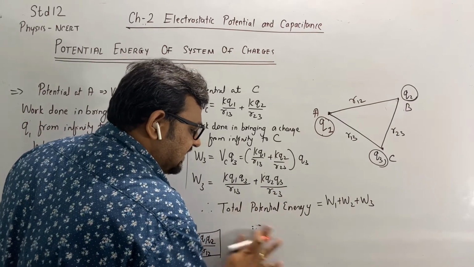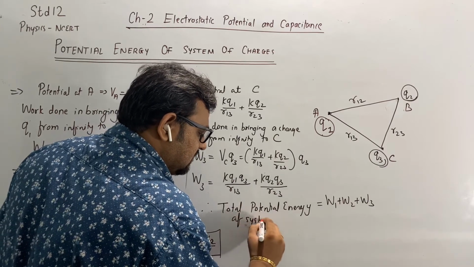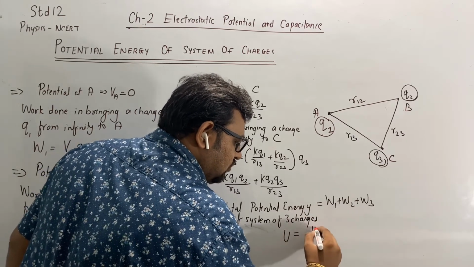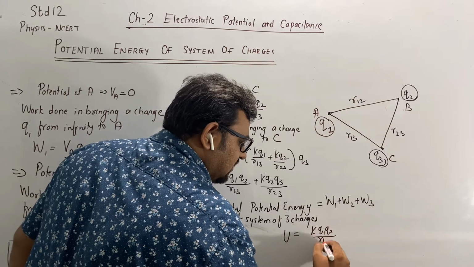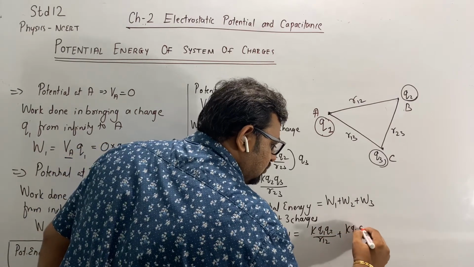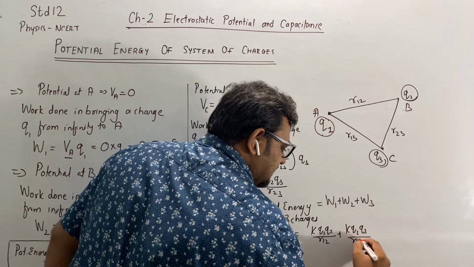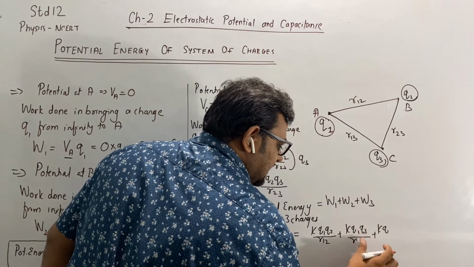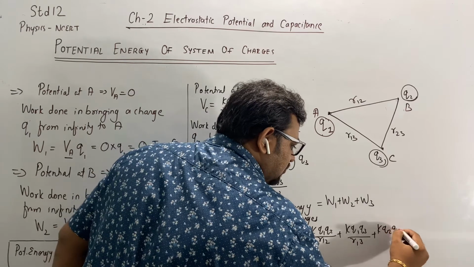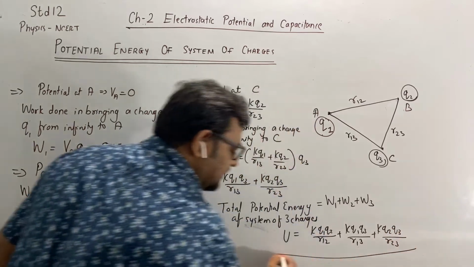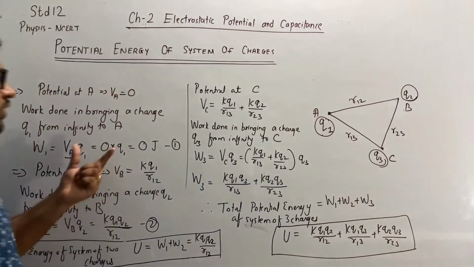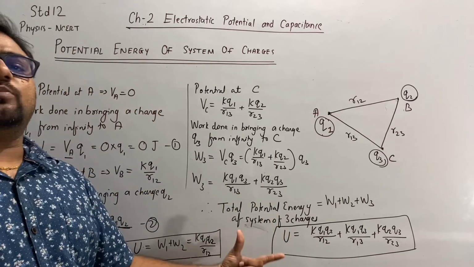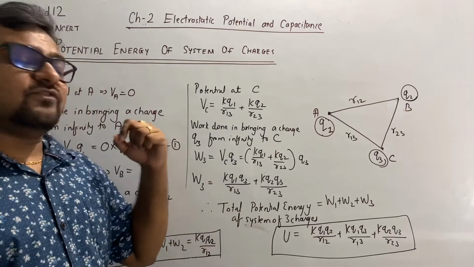For the system of three charges, U will be equal to K Q1 Q2 upon R12 plus K Q1 Q3 upon R13 plus K Q2 Q3 upon R23. What I did was add W1, 0, plus K Q1 Q2 by R12, and this. So this is the total potential energy of the system of three charges.